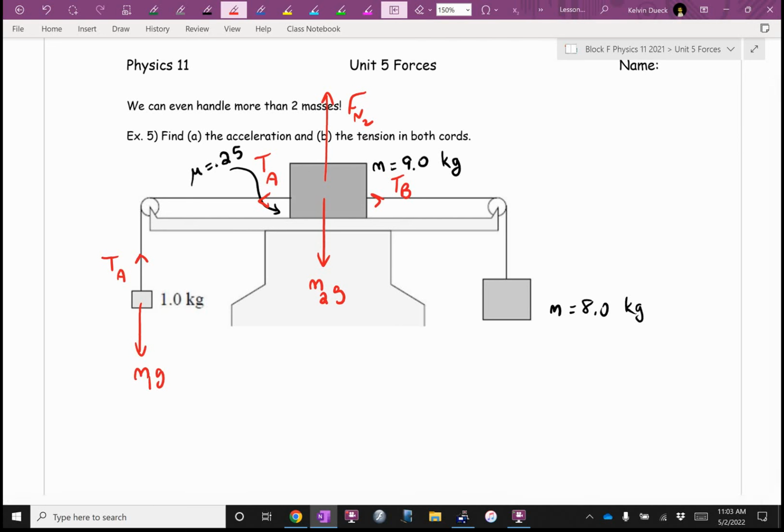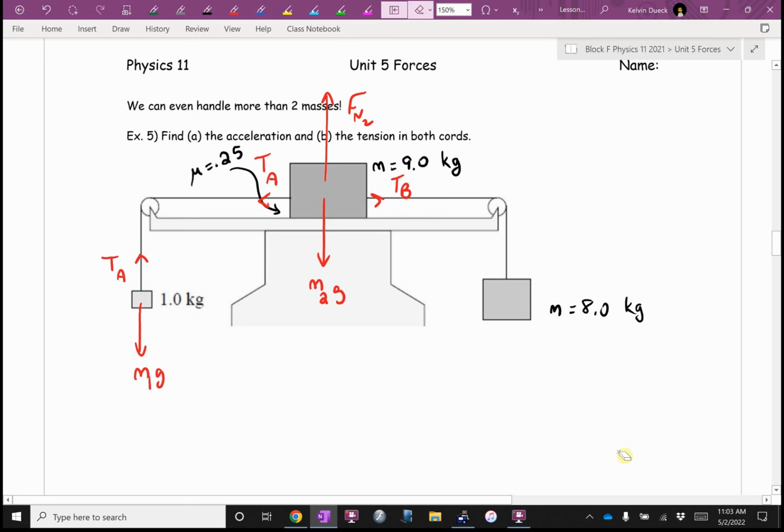What else? Is there friction? Because this is on a surface. Is there a coefficient of friction? Is there a mu? Then do they want me to include friction? Yes. Which way is this mass sliding? Well, how big is mass 1? How big is mass 3? If this is sliding at all, it's got to be toward the heavier one.